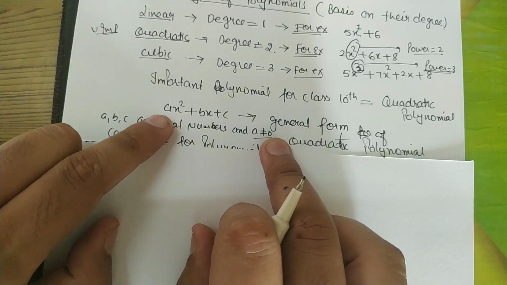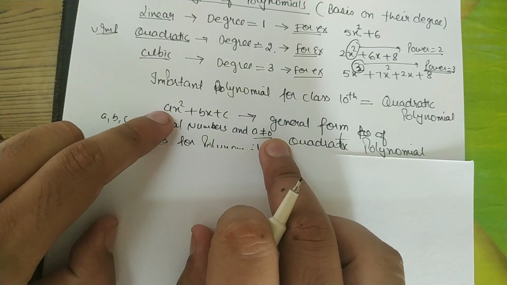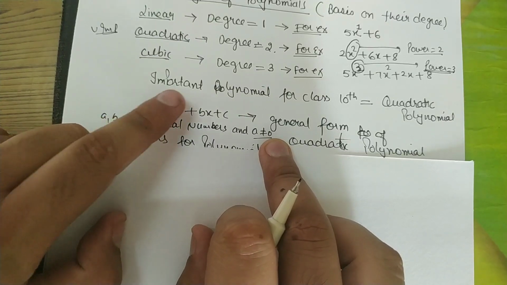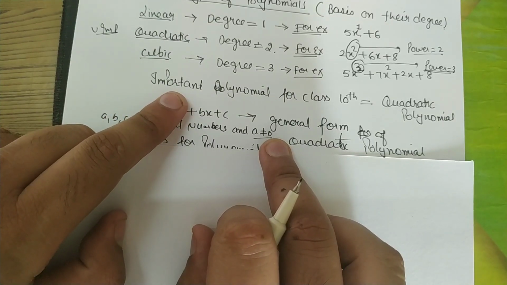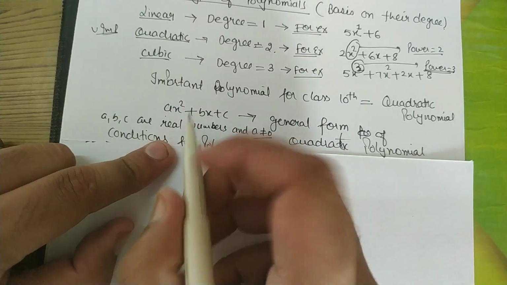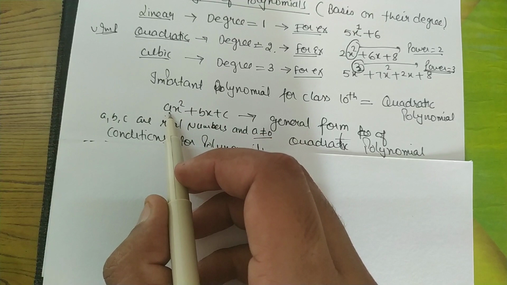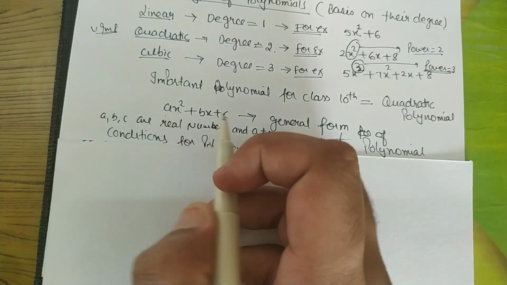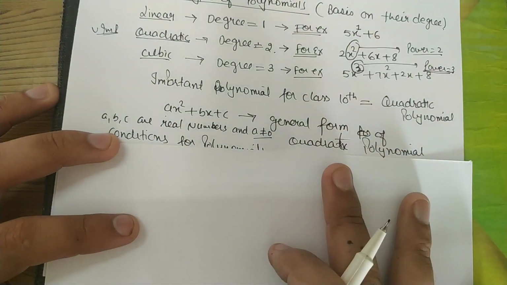Why? Because if a is 0, the whole term will become 0, so it will not be a quadratic equation. So one thing is clear, the coefficient of x square must be non-zero.